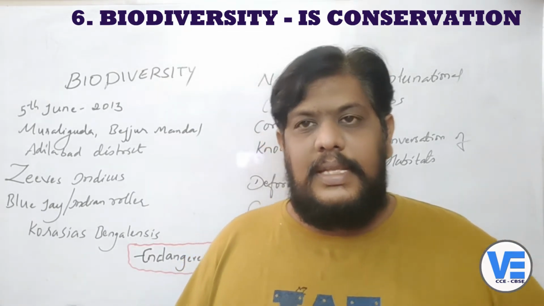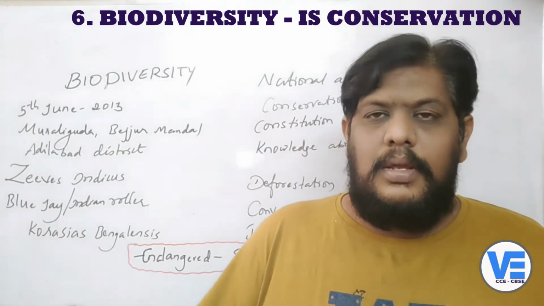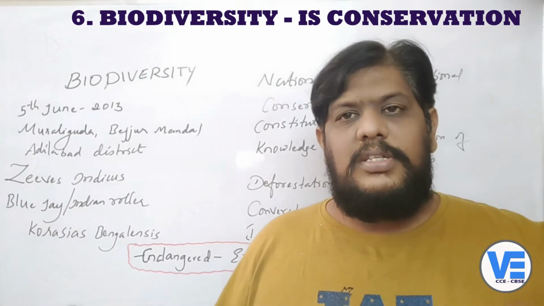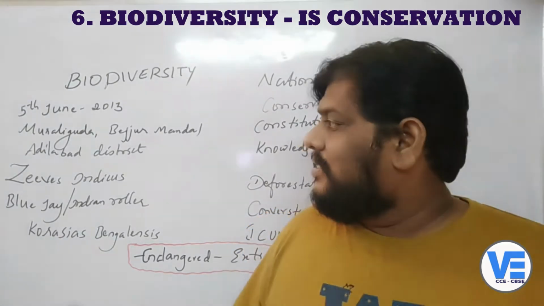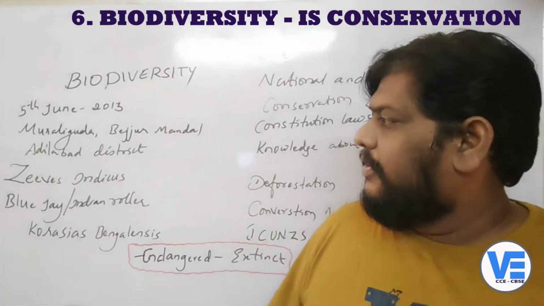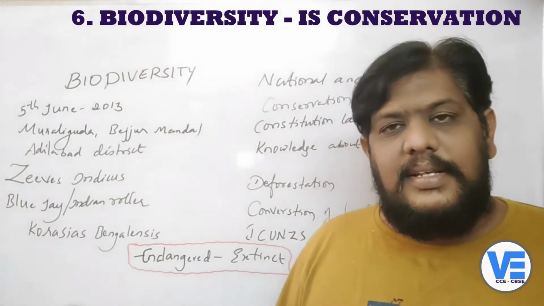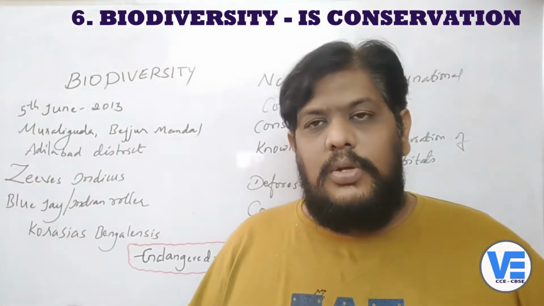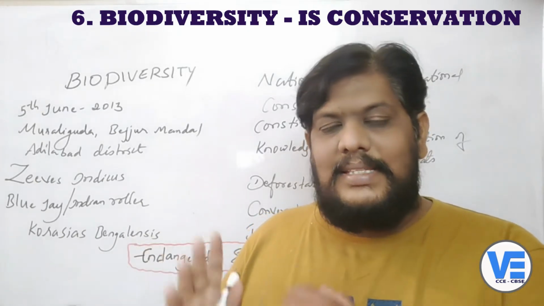Whenever there was a dead body of an animal or a human being, vultures used to come in a huge number. But now this vulture is in a state of extinction, so they have kept the vulture in the extinct list.